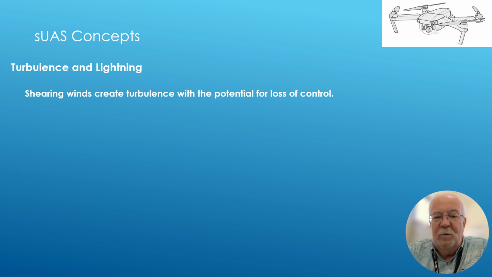Thunderstorms always produce lightning to some extent, and the amount is determined by the storm severity. If you observe lightning or hear the thunder, you should safely recover the aircraft and take shelter.